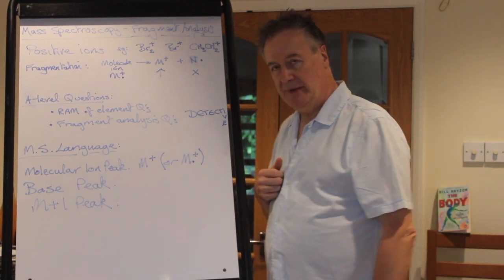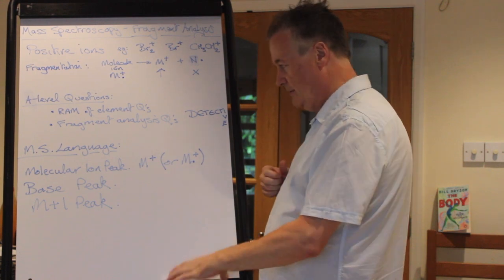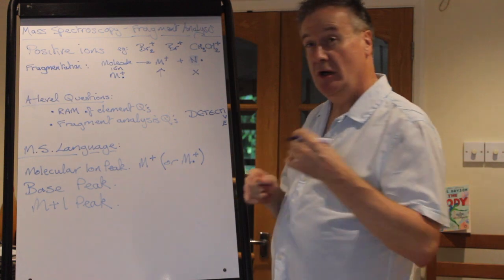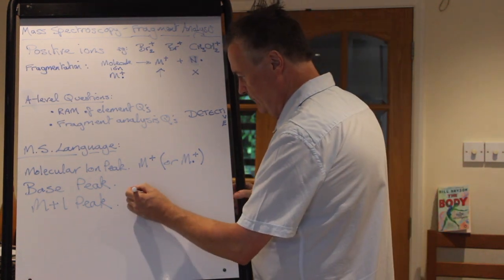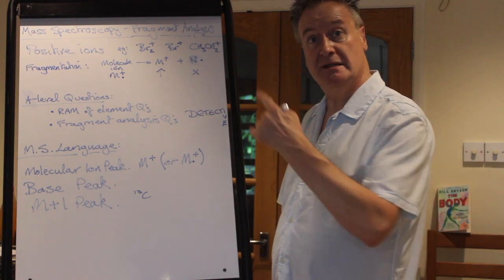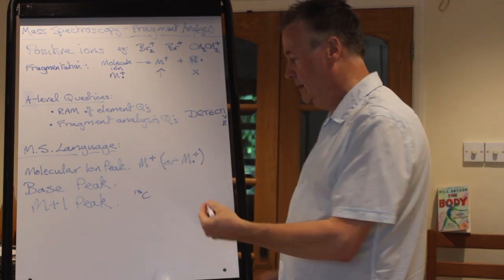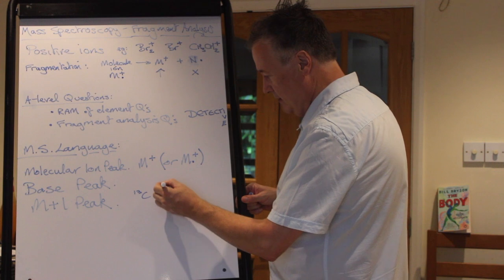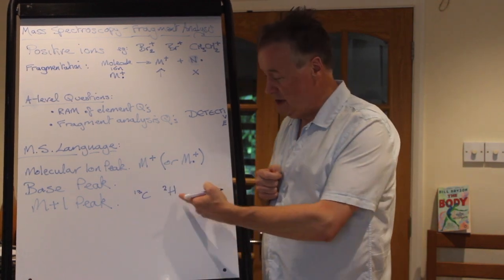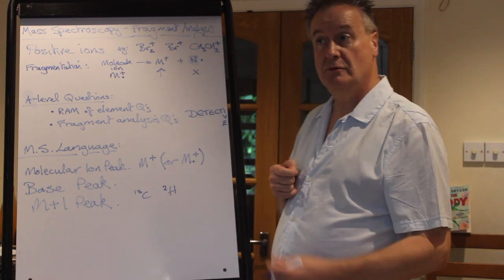The M+1 peak is tiny. The M+1 peak is caused by, and there's a number of causes for it, 1% of carbon being carbon-13 instead of 12. That makes it 1 heavier, M+1. Sometimes you get, at a much lower amount, what's called deuterium, which is hydrogen with a mass of 2.